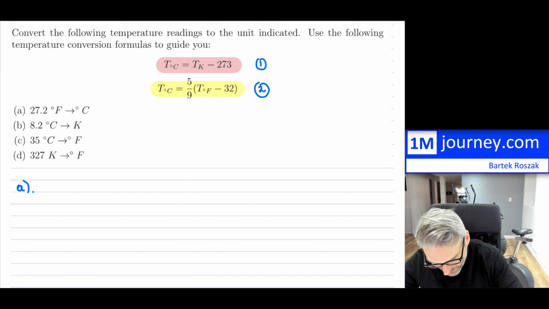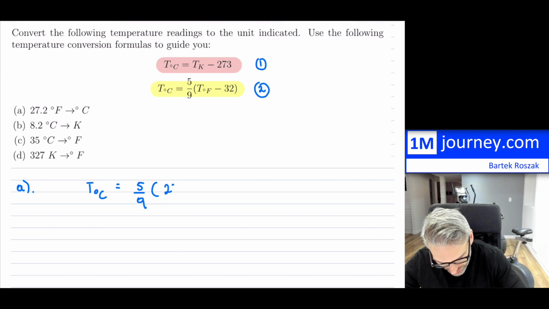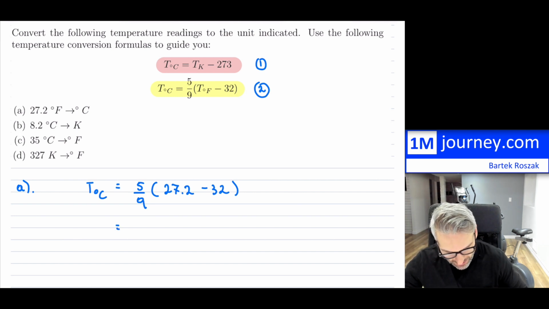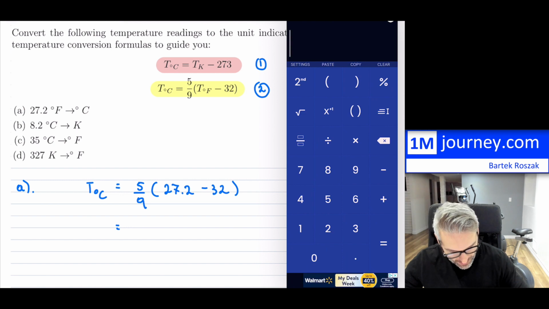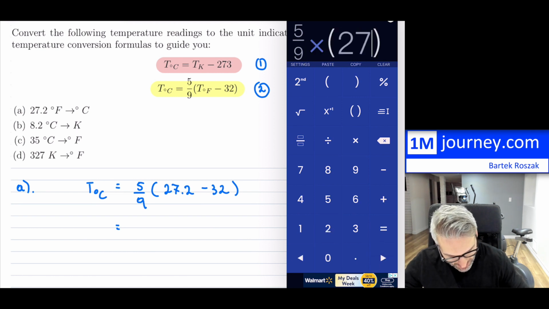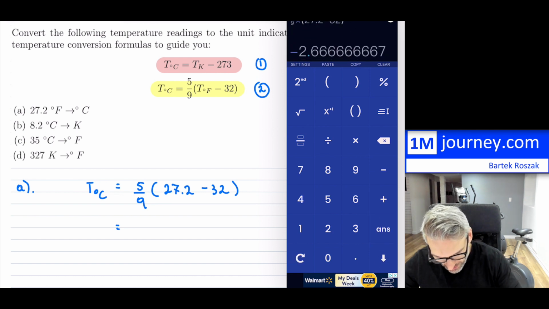If I want to do that, I'm just going to substitute in here. It's going to be 27.2 minus 32, and then I'll get exactly what the answer is. Let me take out the calculator. We have 5 over 9 multiplied by, let me be careful there, in brackets, 27.2 minus 32 equals, and there you have it.